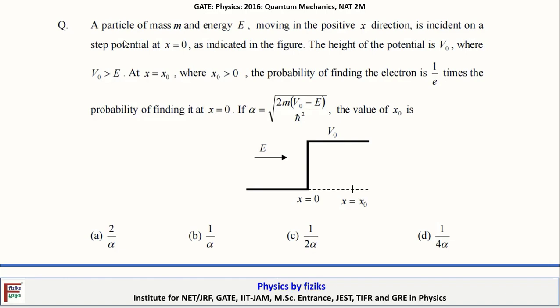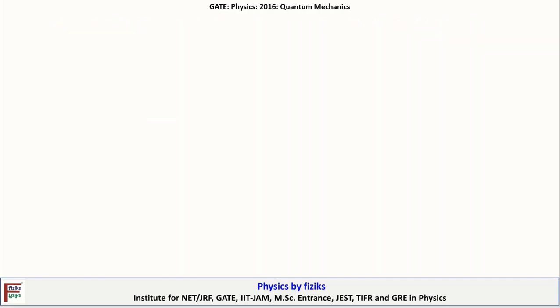At x equals x0, where x0 is greater than 0, the probability of finding the electron is 1 by e times the probability of finding it at x equals 0. We have to determine the value of x0.